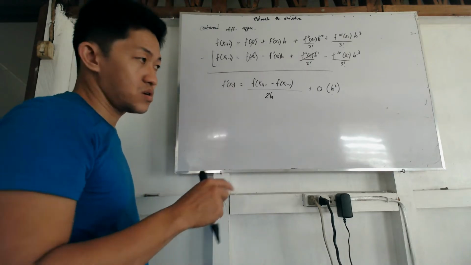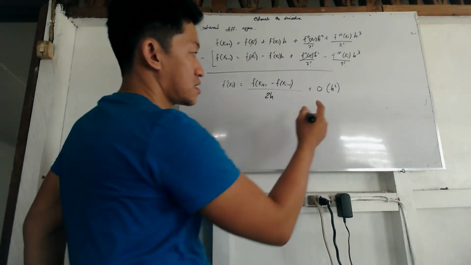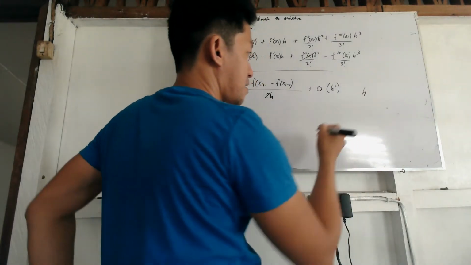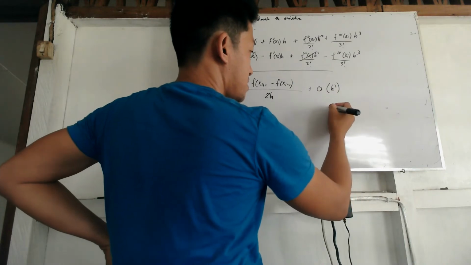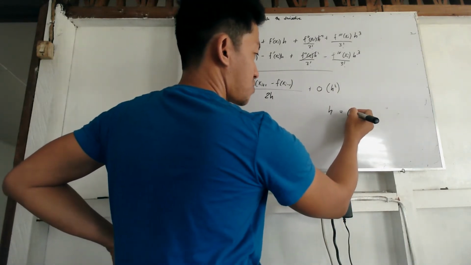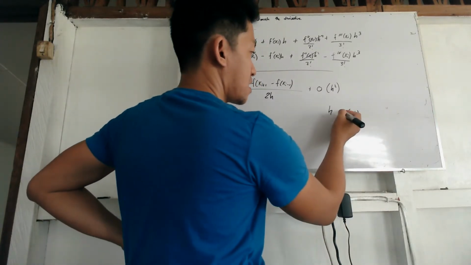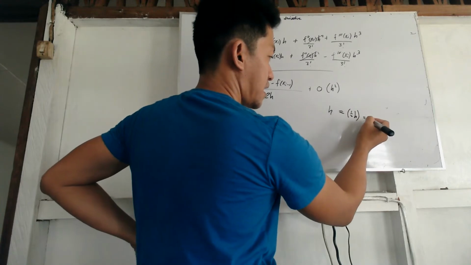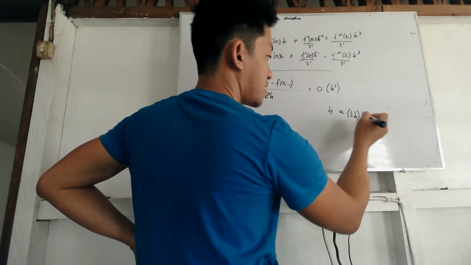So what is the difference between second order and the first order? Say for example, if the error is just first order, if you decrease h to 1/2 h, the error also is reduced by 1/2.